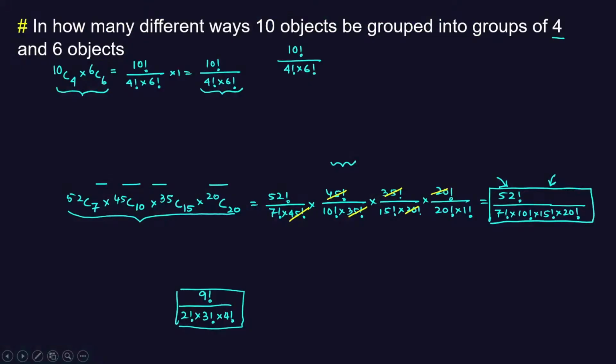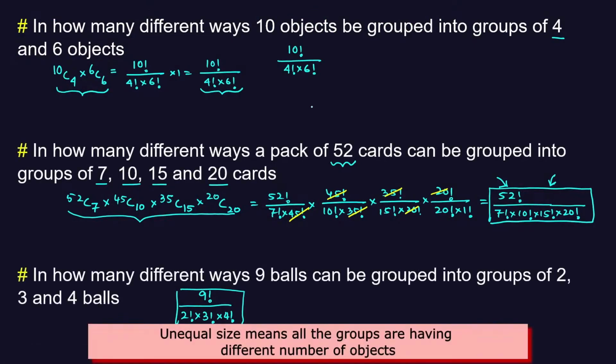In the same way, if you see all of these questions, for the first one we are having 10 objects which have been distributed into 2 groups containing 4 and 6 objects. Can you see that your 2 groups are of unequal size? In this case also 7, 10, 15, 20, they are of unequal size.